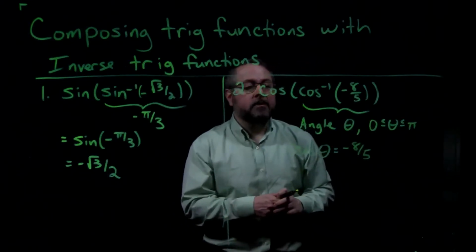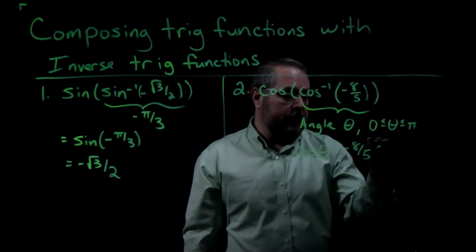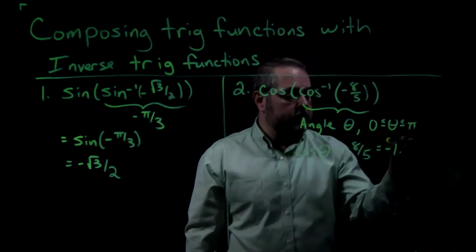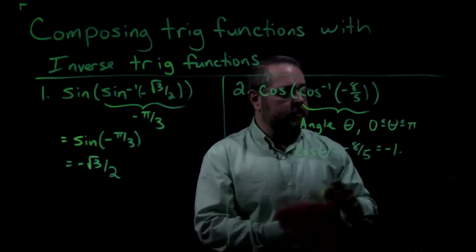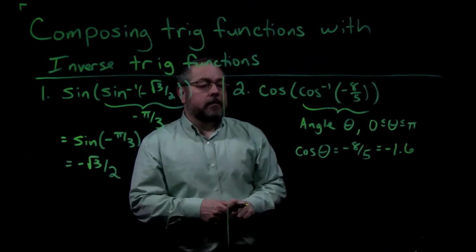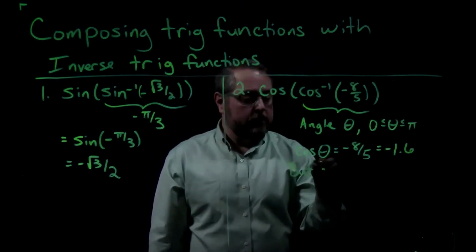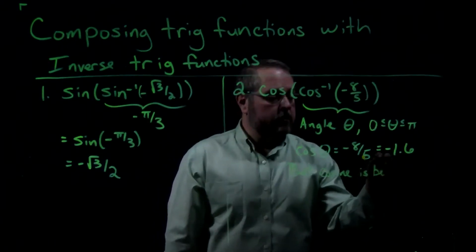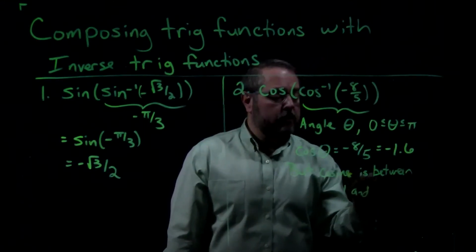Let's think about this for a second. What is negative 8 over 5? Well, it's going to be negative 1 and 3/5, so negative 1.6. But cosines are between negative 1 and 1.